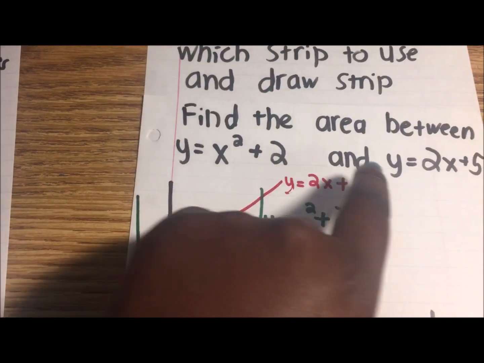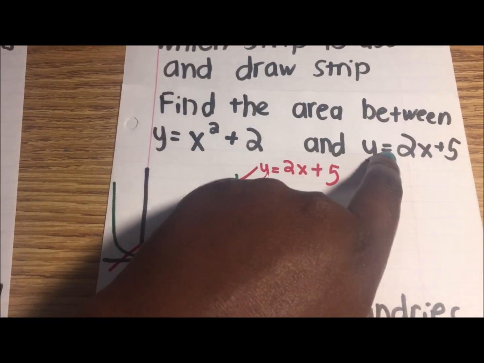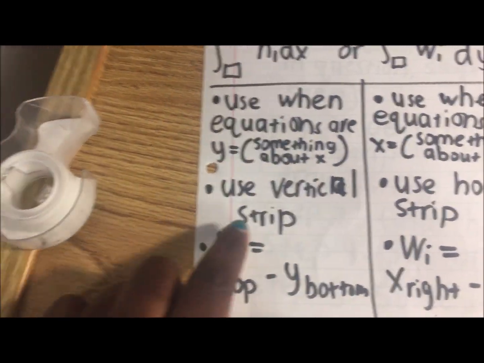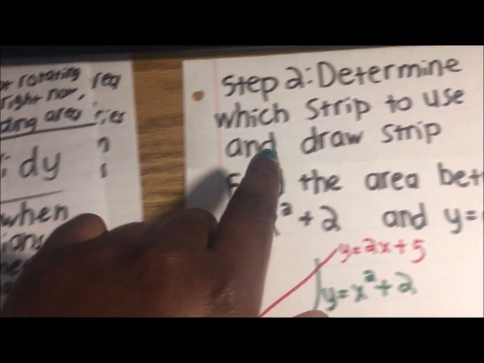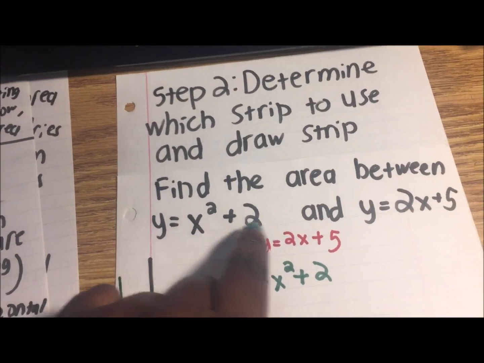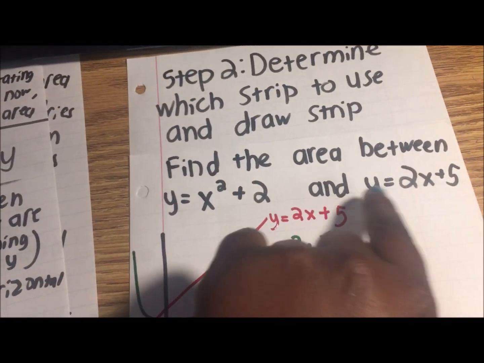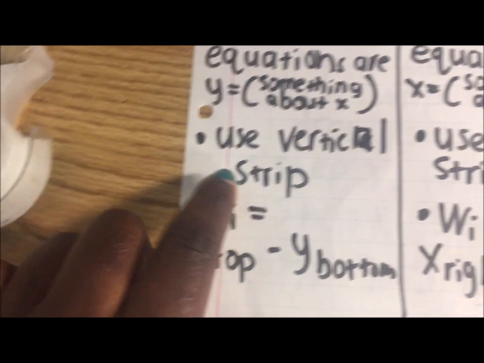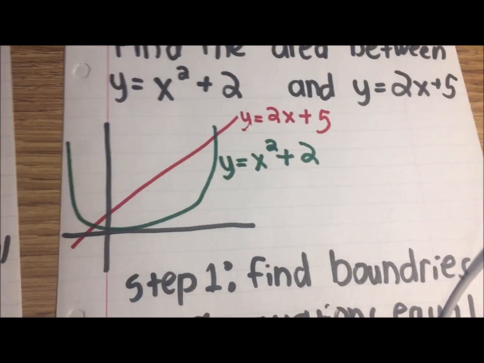There's x in the equation. Now if we go back to the original sheet, when it's y equals something about x, we use the vertical strip. The equations are y equals something. So because of that, we're going to use the vertical strip. So let me draw that for you guys.